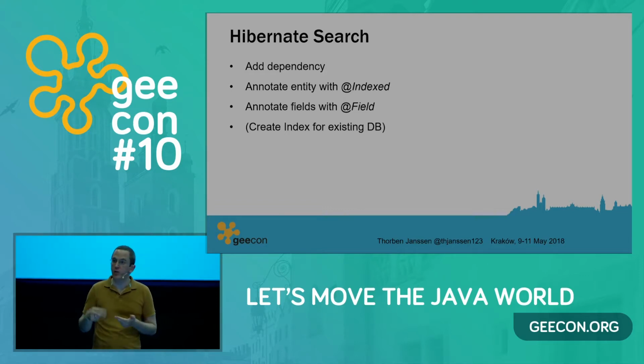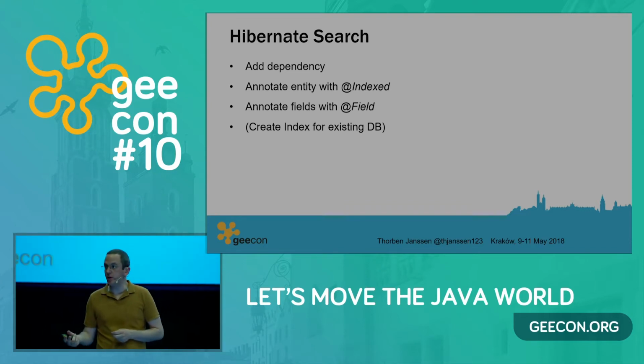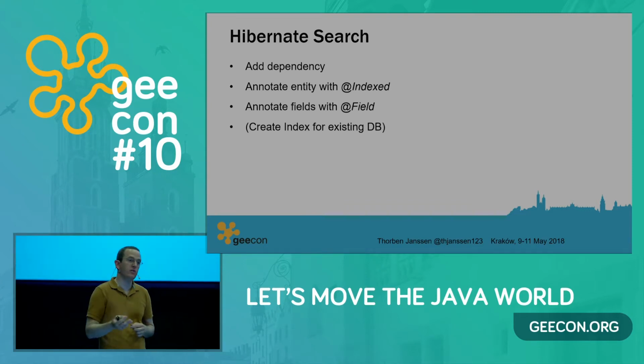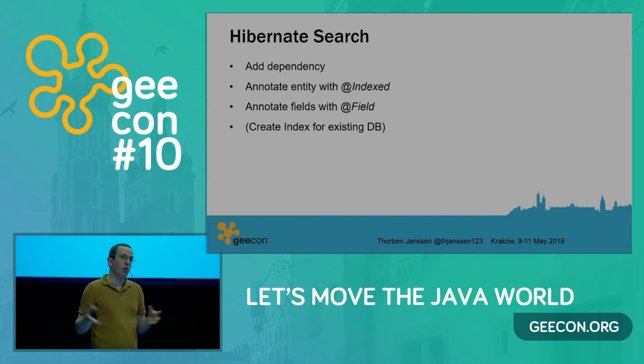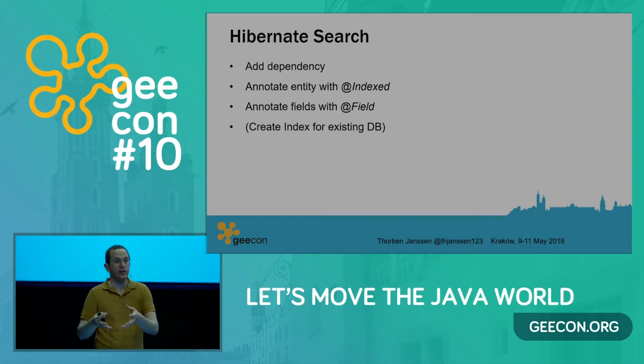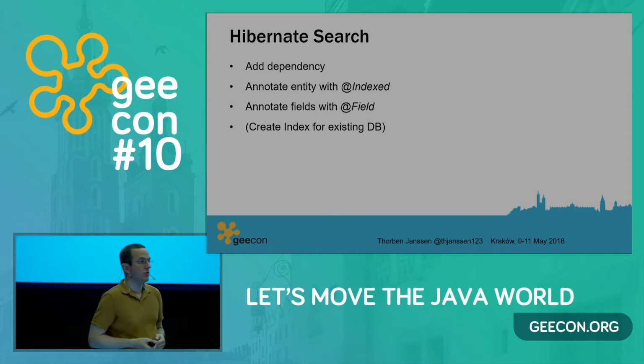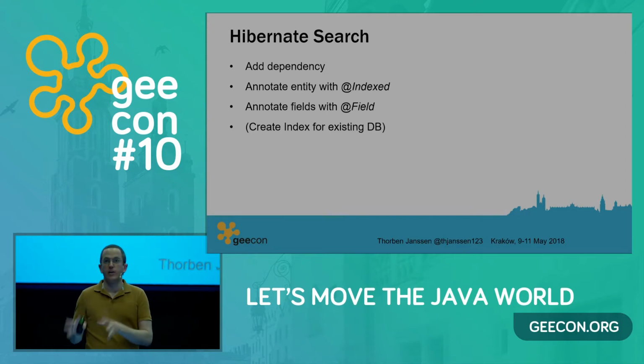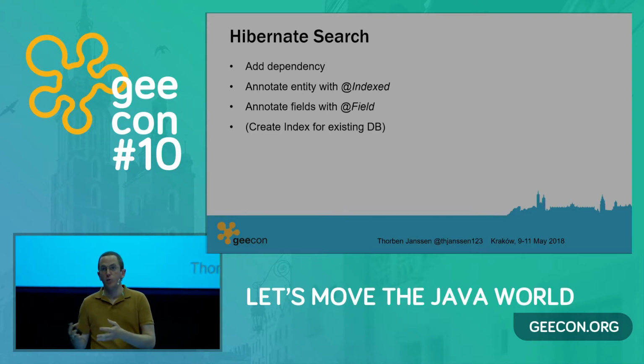And then you need to define which fields should be available for the full-text search, because Hibernate Search isn't adding all the fields to the full-text search engine. It just adds the information of the fields that you identified as the ones that you want to use for your full-text search. So if you add Hibernate Search to your project, please spend some time in the beginning and think about which attributes of your entities you want to use in your full-text search.